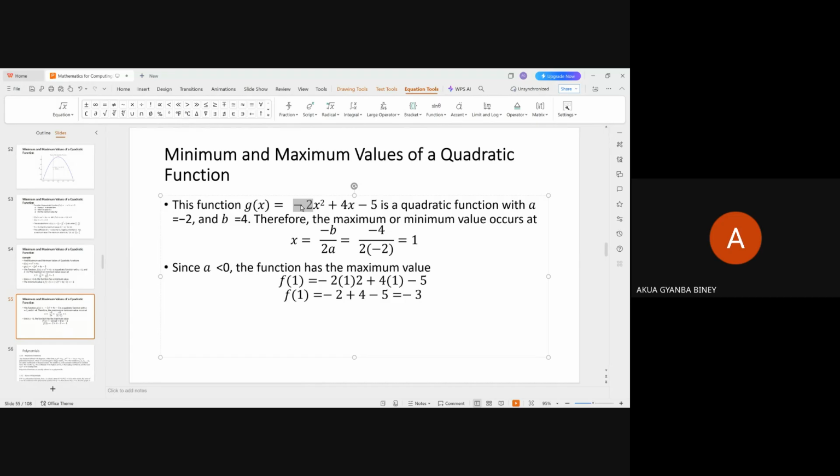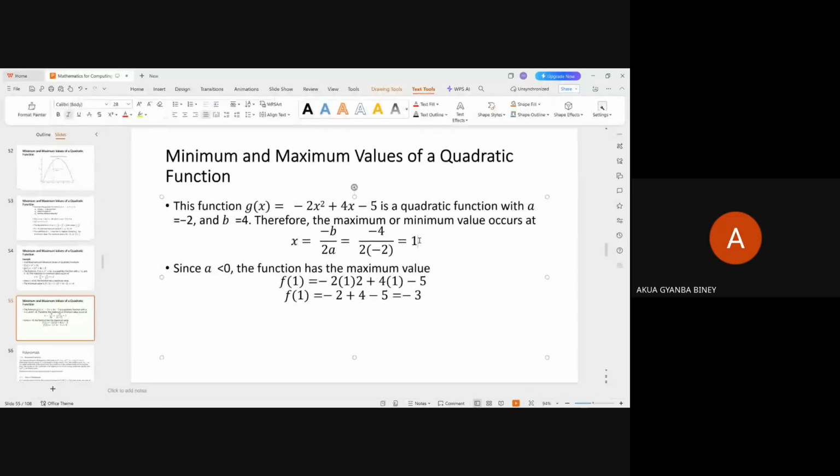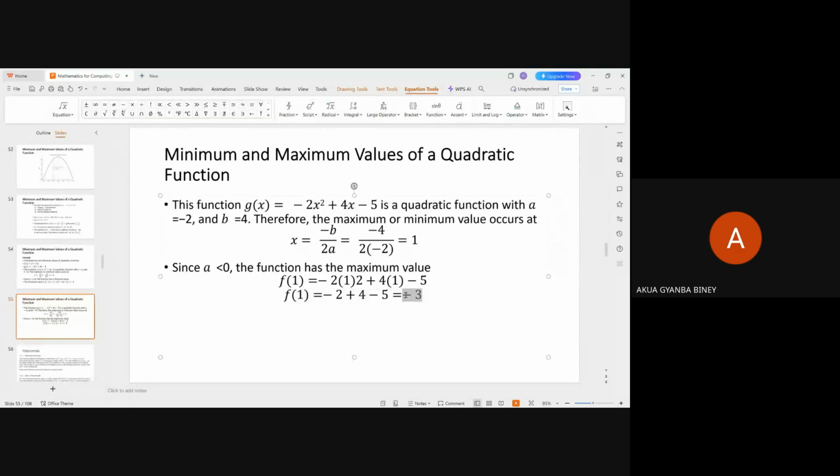And then to get your maximum or minimum value, if you don't complete the square going through those steps, this is how you can get it by solving for x using this formula. Whatever you get for x, put it back in the formula and you get the value you are looking for. So the x is your x coordinate. When you put it back and solve for y, you get your y coordinate.